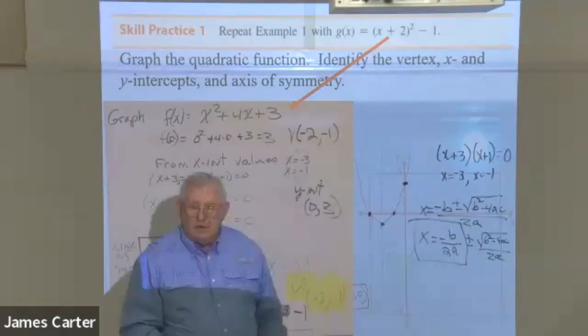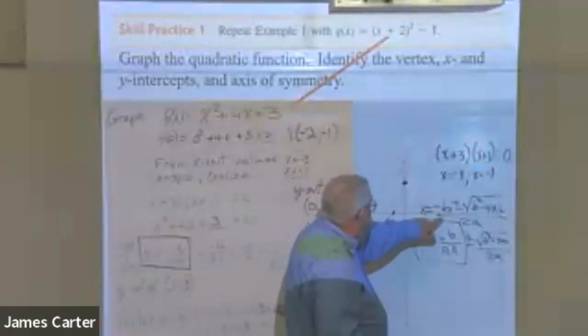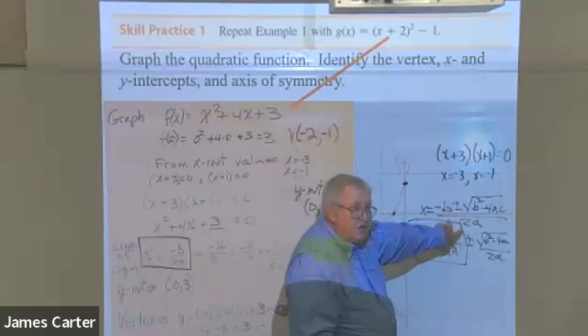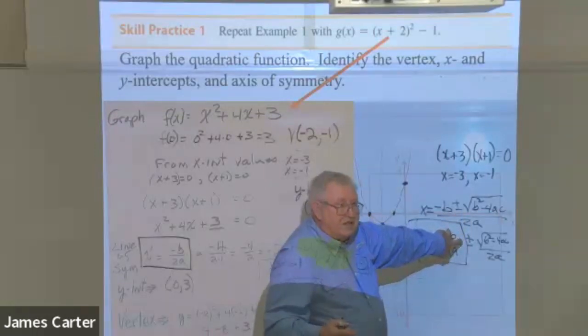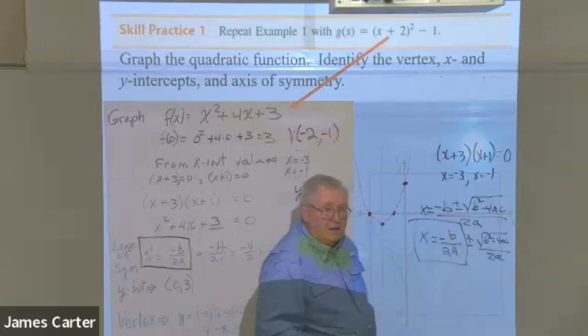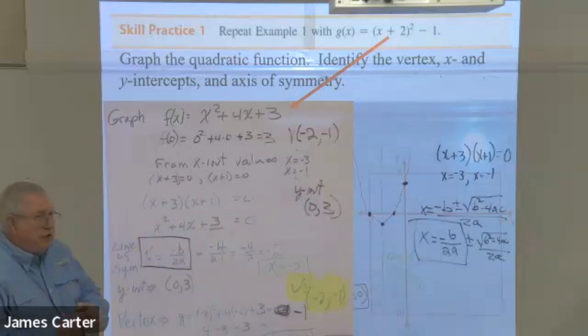There's that formula. That's where that comes from. In the quadratic formula, this first part gives you the line of symmetry and the x value of the vertex. Okay? So I just wanted to show you that in case you had never seen that before.